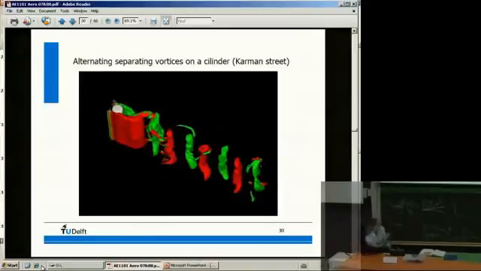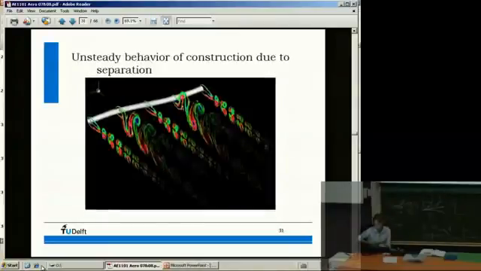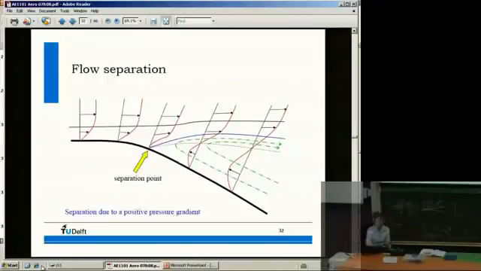And how does it look? It is a very unsteady phenomenon as well. Around the circular cylinder, you get von Karman vortex shedding, so a vortex rotating in that direction, quite a nice flow. And here, again, you see a picture of it around the cylinder. So when is it separating? Well, the more curvature you have, the stronger the adverse pressure gradient, so the earlier the flow leaves the object and separates.